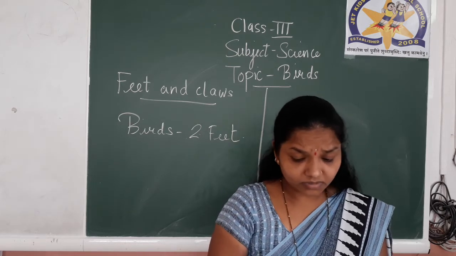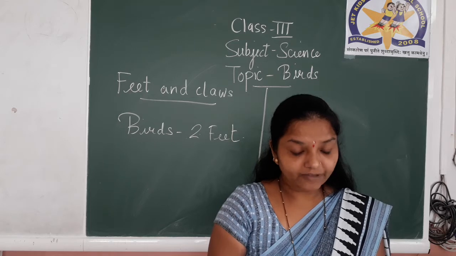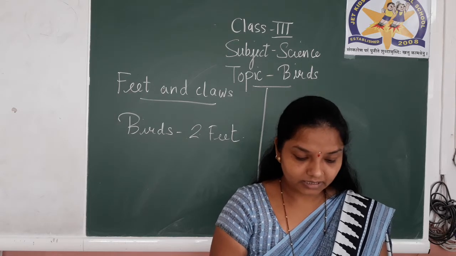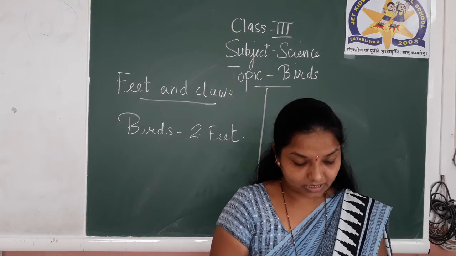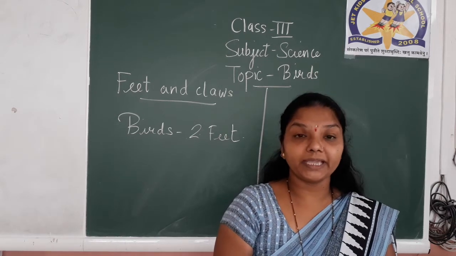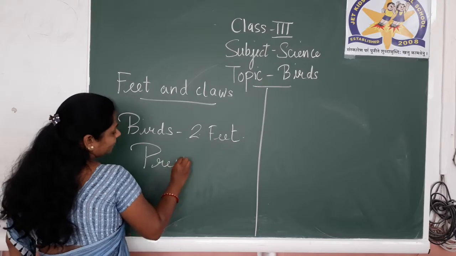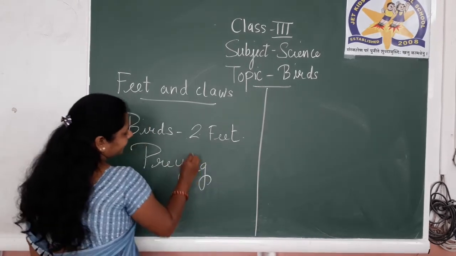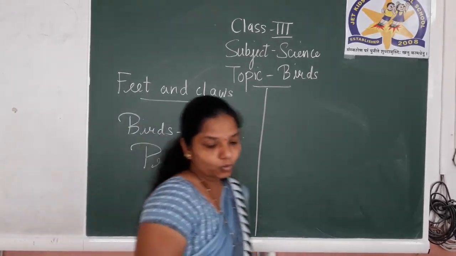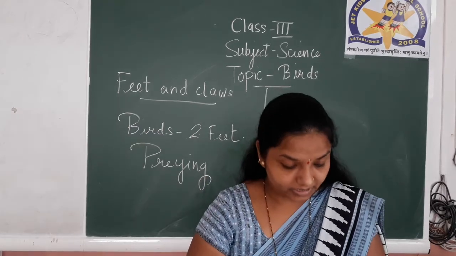Now, they have categorized the birds mainly into different types. Preying birds, spelled P-R-E-Y-I-N-G. Let us see what preying birds are.